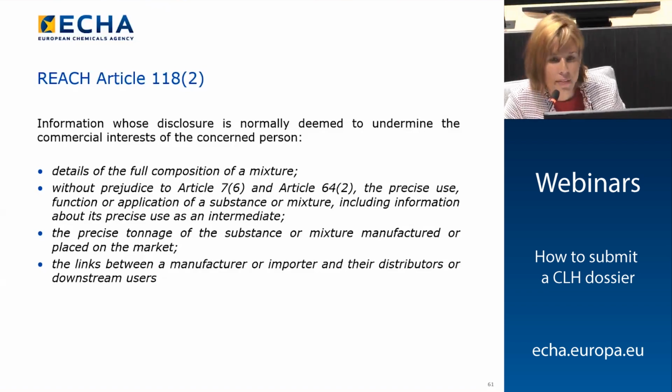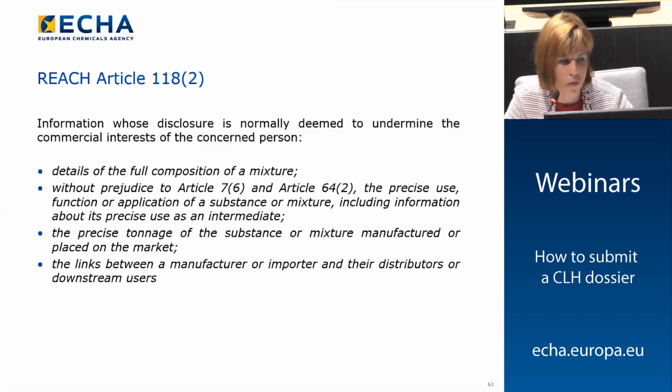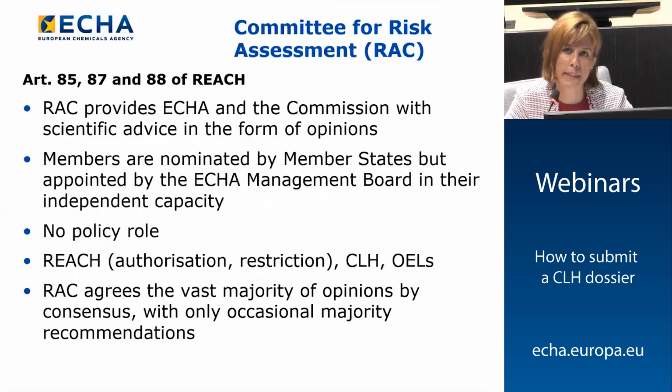We have then a third category of information, which is covered by the so-called presumption of confidentiality. This is information that is normally deemed to undermine the commercial interest of the person concerned. Here, for example, we have the information regarding the precise tonnage of the substance manufactured or placed on the market.